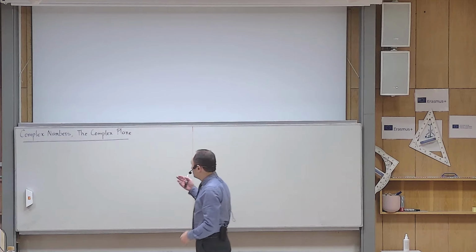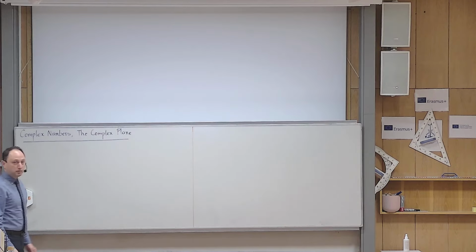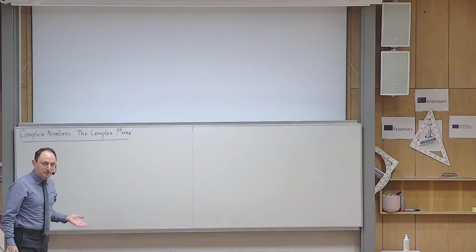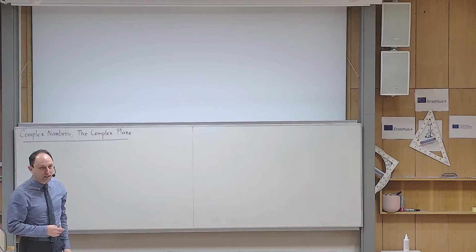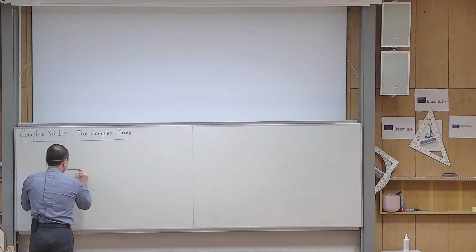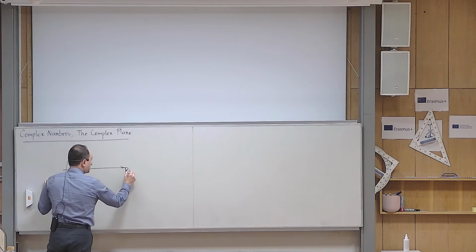According to this, mathematicians have developed the notion of the complex plane. The complex plane is essentially the same as the Cartesian plane, the system of coordinates, but we change the names. The horizontal axis, instead of being called the x-axis, is called the real axis.